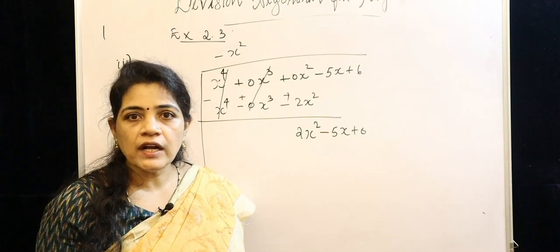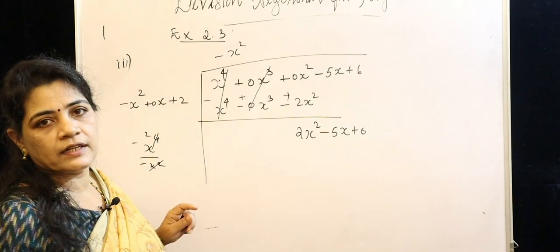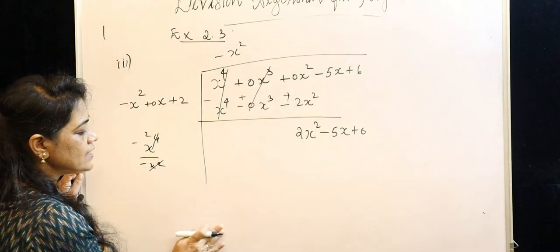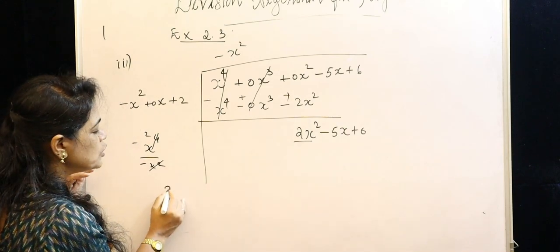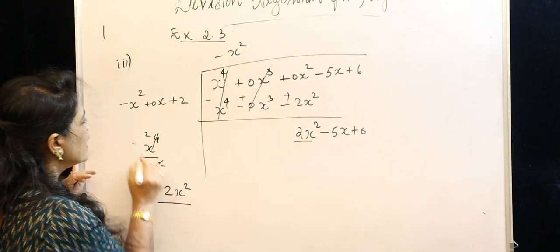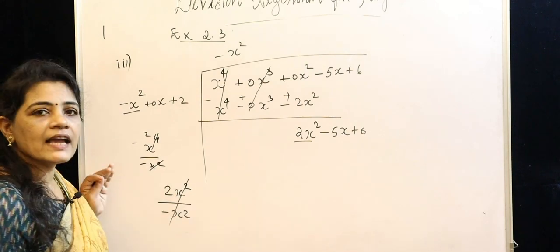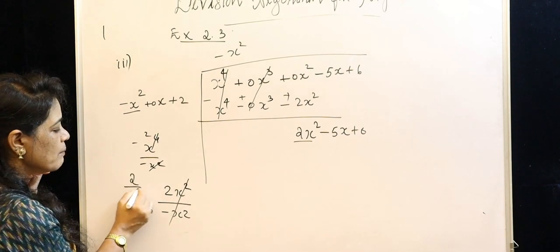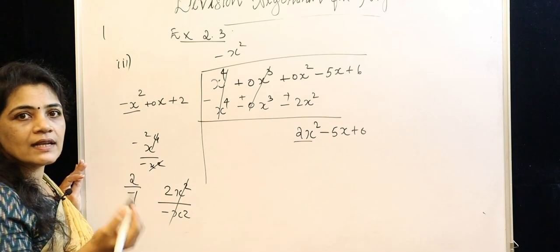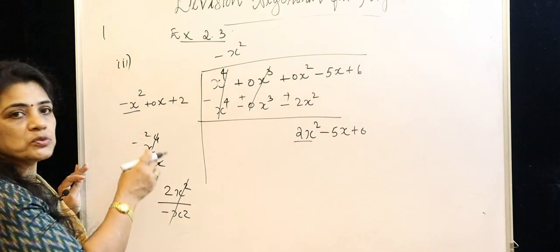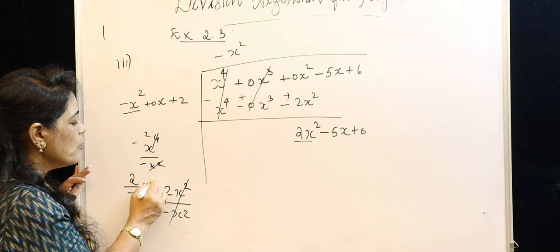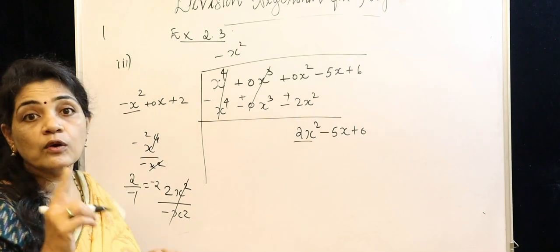Understood? So we have to continue because there is still an x square term. In order to get the next term, consider the first term 2x square divided by minus x square. So x square gets cancelled. 2 by minus 1, minus sign means minus 1, so minus 2. In the standard form of a rational number, the minus sign will go to the numerator.